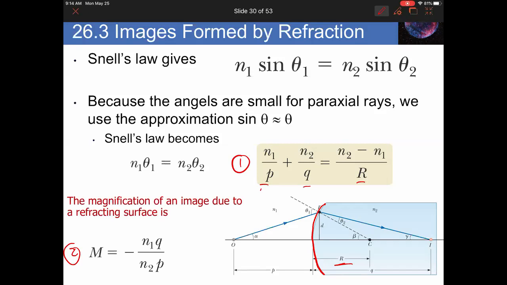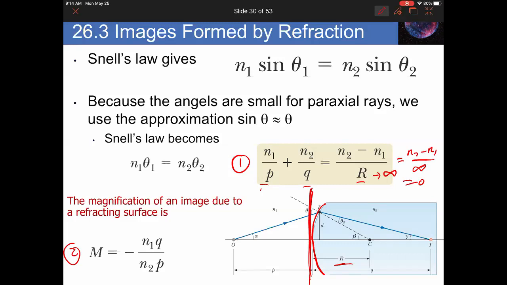Okay, so one important thing about this type of problem is that if I have a flat surface instead of a curved surface, then r basically goes to infinity. Remember, r is infinity for a flat surface. So on the right side, you have n2 minus n1 over infinity, which gives you 0.